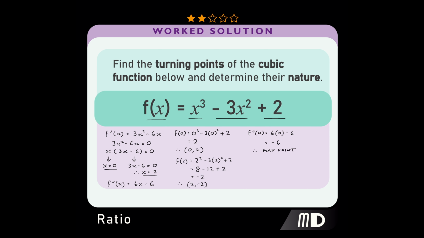F double dash 2 is equal to 6 multiplied by 2 minus 6, which is equal to 12 minus 6, which is equal to 6, which means that 2, minus 2 is a minimum point.